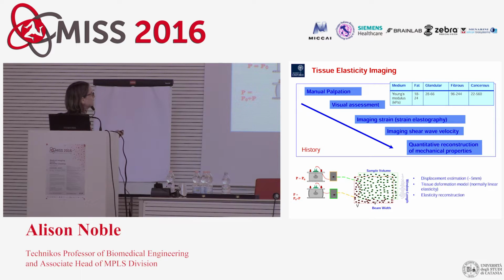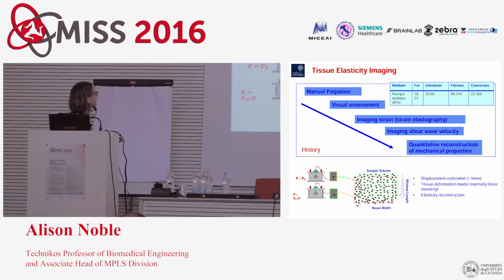If you look at the Young's modulus, which is your elastic parameter, then if you look at what's been measured in in vitro studies, you can see that there is a range of values reported, but in general, there is a difference between cancerous and the other structures.